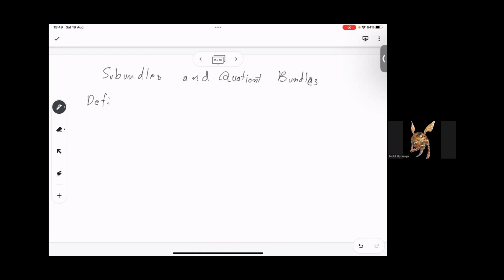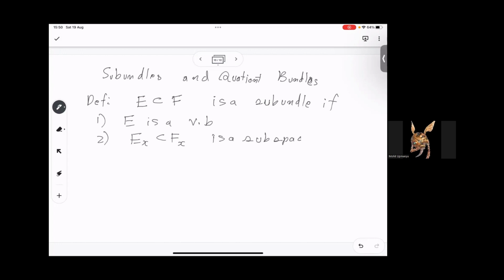In a similar spirit, a subbundle, which we denote by E to F, is a subset E of F that is a subbundle if, number one, E is a vector bundle, and number two, E_x is a subset of F_x as a vector subspace.